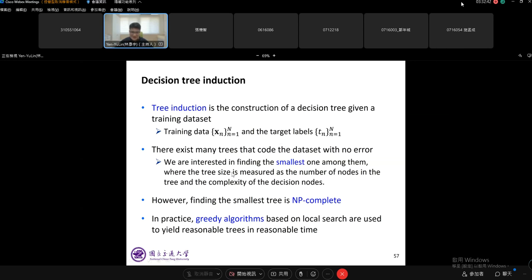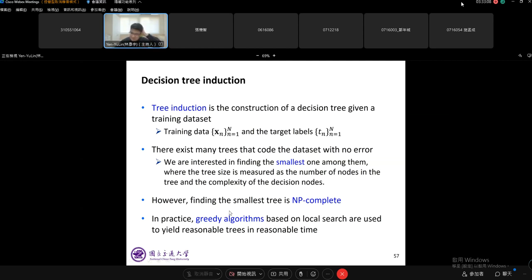Our goal is to find the most compact or the smallest decision tree among all the candidates. So we can minimize the tree size, and the tree size can be measured as the number of nodes in the tree and the complexity of the decision nodes. We want to have a compact decision tree.